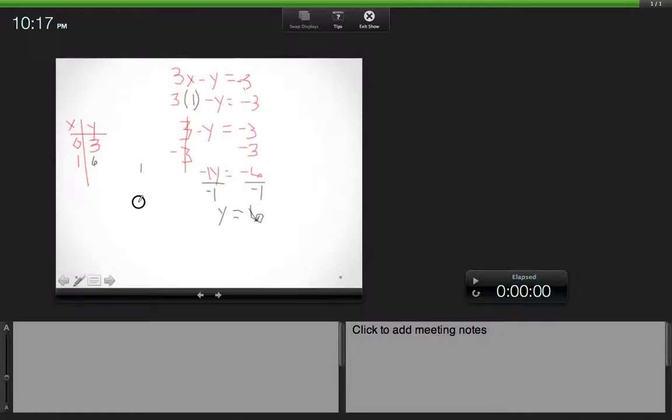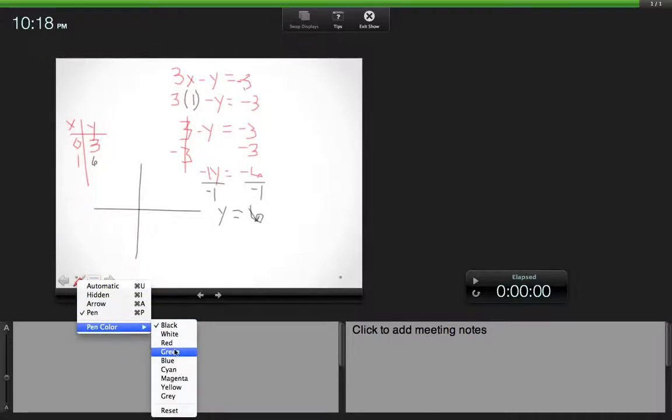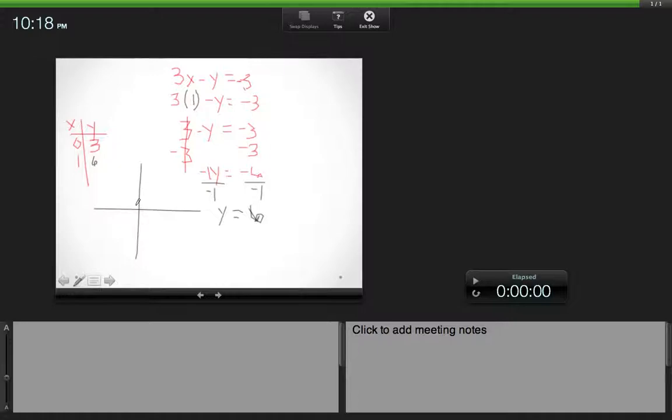And if I were to have my rectangular coordinate system just for this first line, I could then say, okay, when x is 0, y is 3. So that would be like maybe 1, 2, 3.